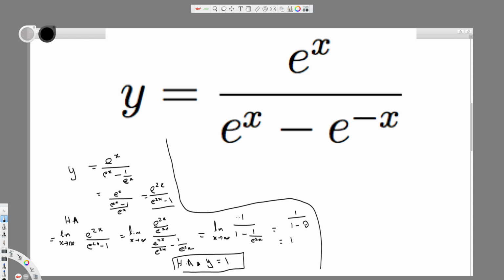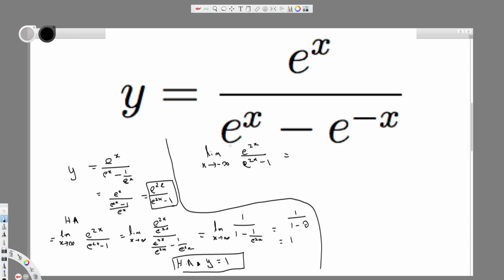This is my one answer, and for the other answer I can see what happens as x approaches negative infinity, using the same simplified equation, e^2x over e^2x minus 1.